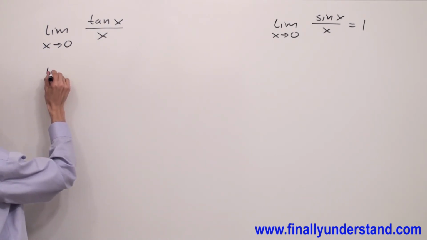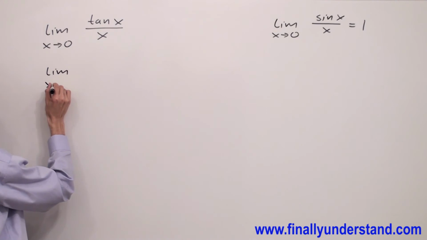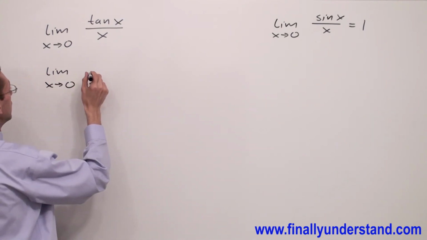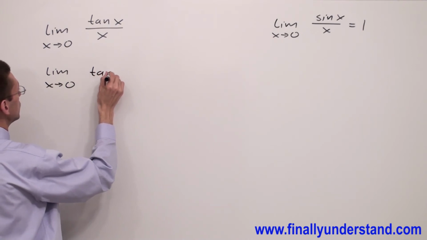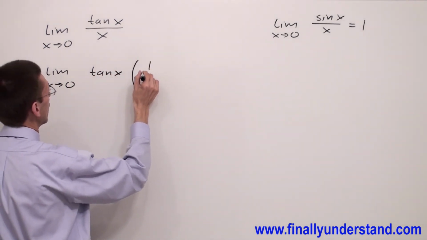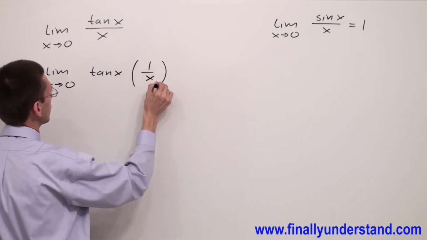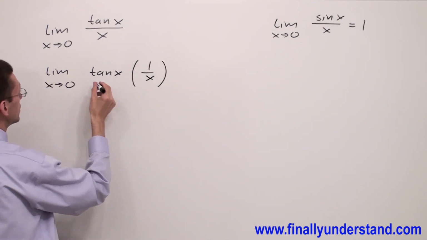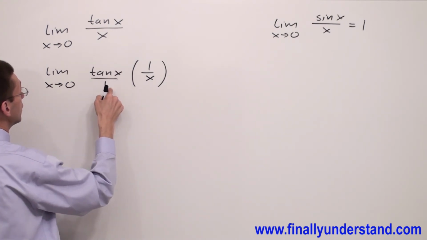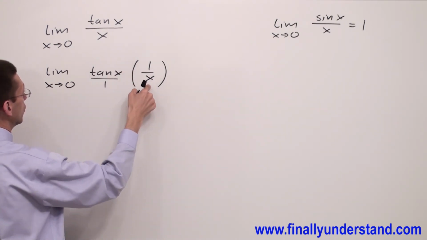So what we're supposed to do with this example, we are going to rearrange this a little bit. Simply write limit with x approaching 0 of tangent x times 1 over x. Because this is nothing else, just tangent x over 1 times 1 over x.